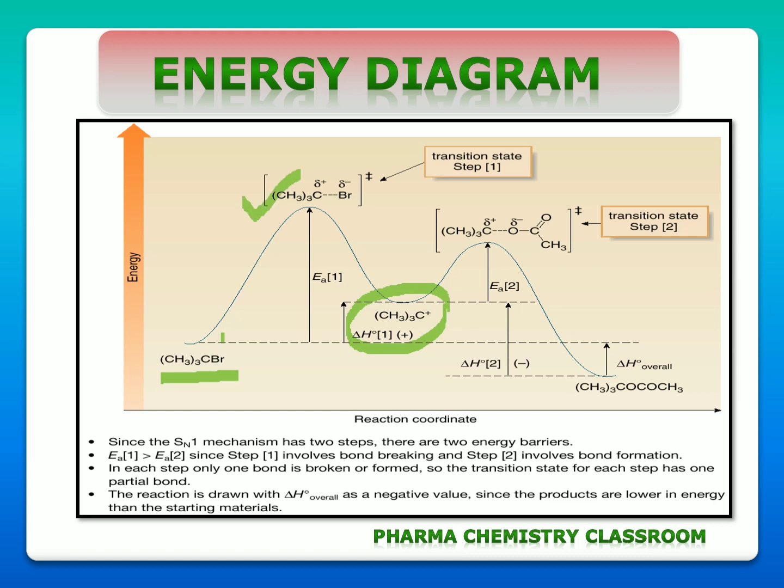Once this transition state is formed, very immediately we get a carbocation, which is our intermediate, and on that the nucleophile comes and attaches and gets a transition state 2, which will give you the stable substituted product. So these are the representations on this energy diagram.